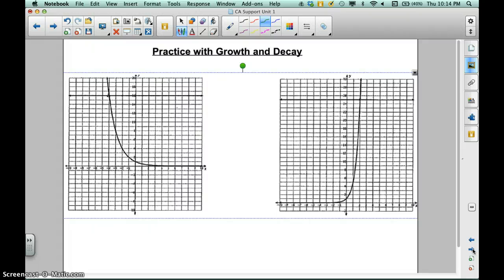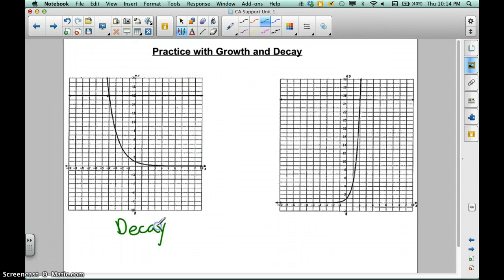Let's take a look at a few slides and just practice growth or decay. The graph on the left, is it growth or decay? I hope you said decay. As I walk from left to right, the graph goes down. It is decaying. As x increases, y decreases.